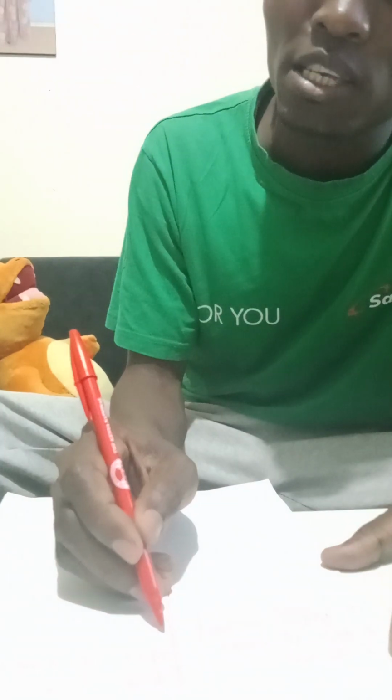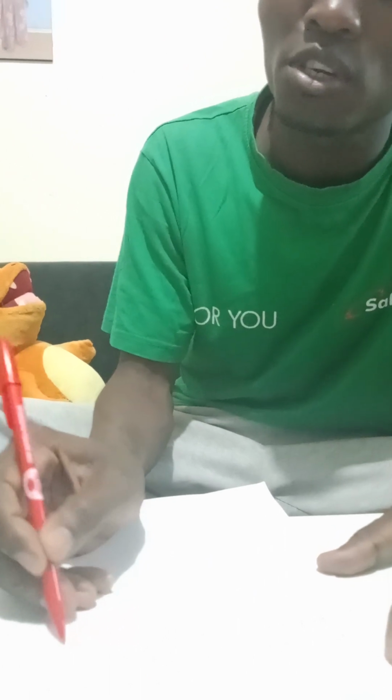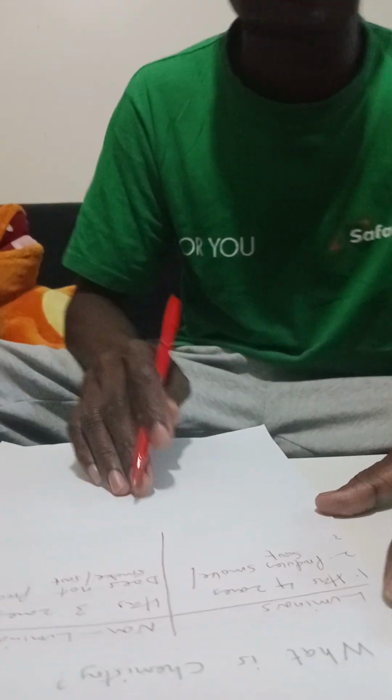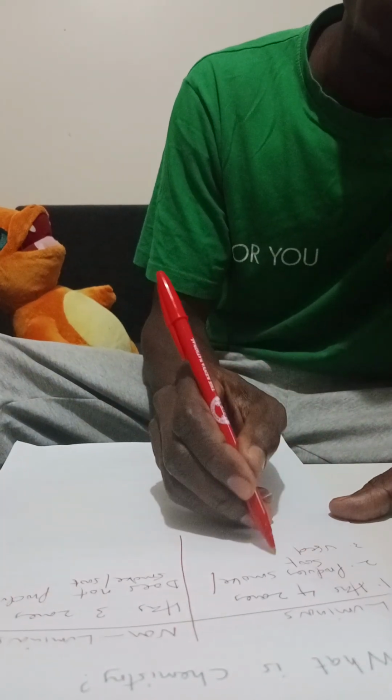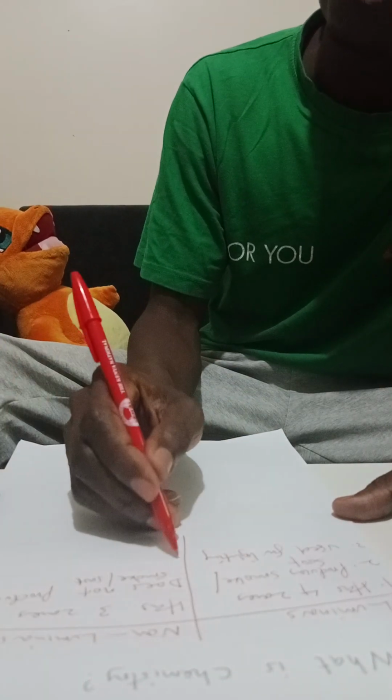Second difference is that luminous produces smoke or soot. Another name for smoke is soot. Then non-luminous does not produce smoke or soot. The next difference is that luminous is used for lighting. Non-luminous is used for heating.